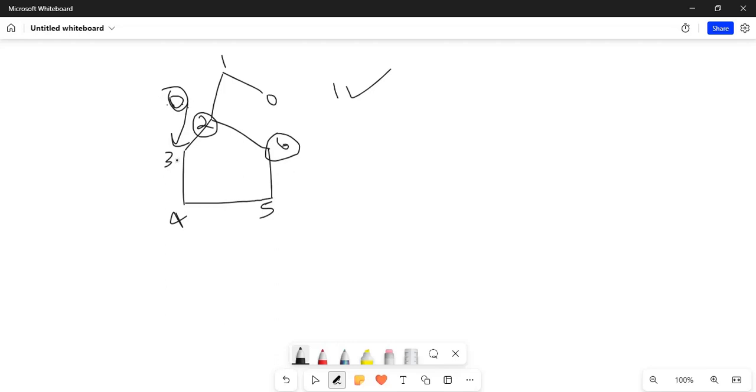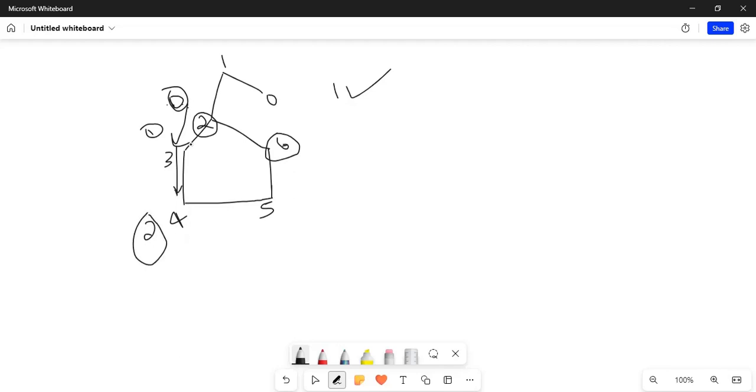Now if you go towards 3, you travel one edge of 1 unit, so your distance will be 1. 3 will call its neighbors 2 and 4, but 2 is already visited. Now 3 will call for 4, and your distance will be 2.